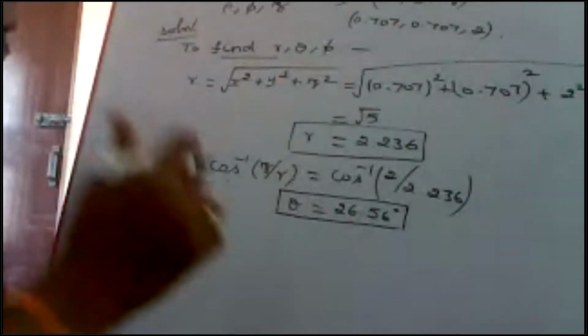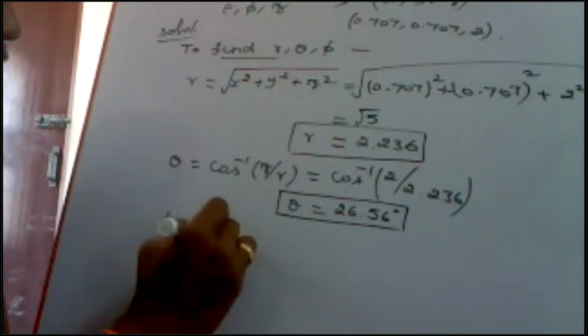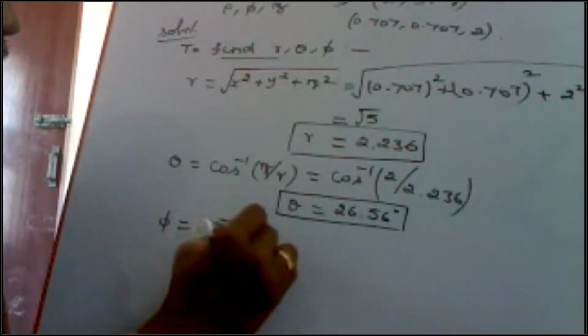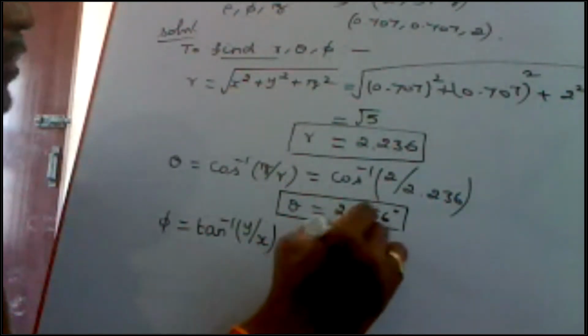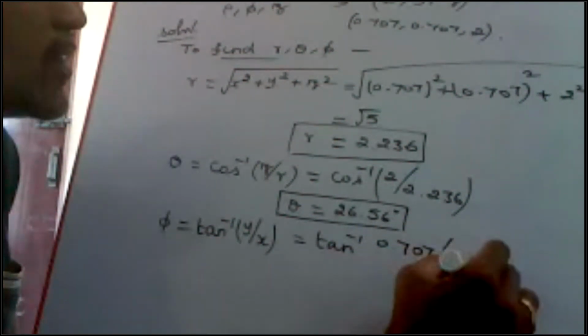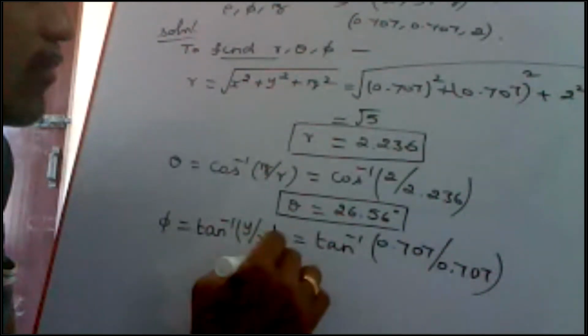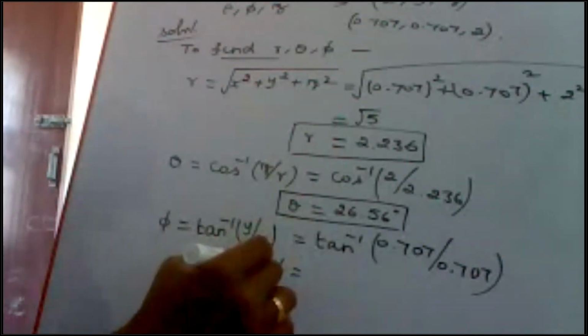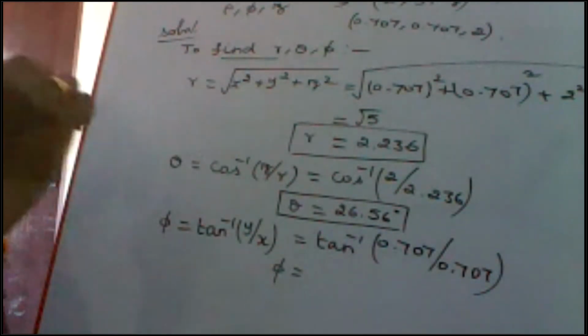Okay. In the same way, I am going to find phi. The formula is tan inverse of y by x. So y is 0.707, and x is also 0.707. So obviously my phi value is tan inverse of 1.